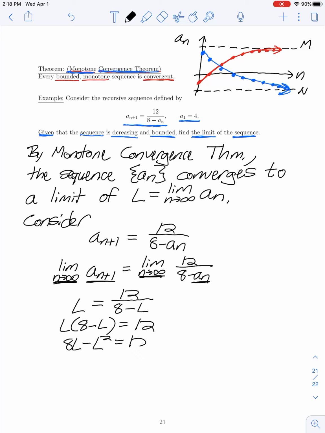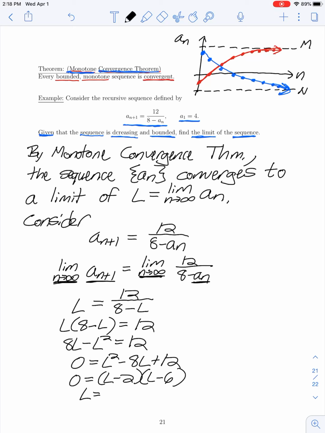If we multiply both sides through by 8 minus L, we have the following. And distributing, we have 8L minus L squared is equal to 12. Or moving everything to the right-hand side, we have a positive L squared minus 8L plus 12 is equal to 0.